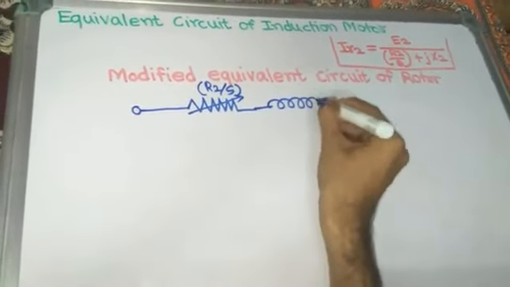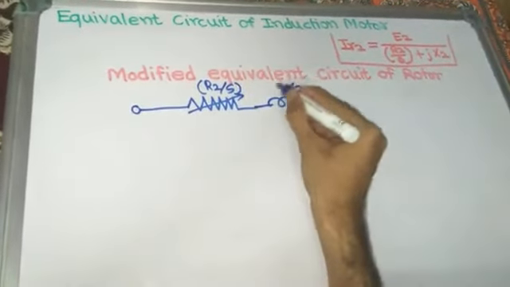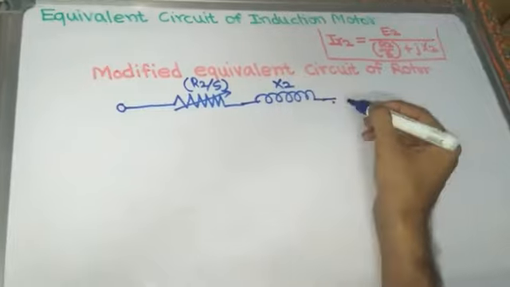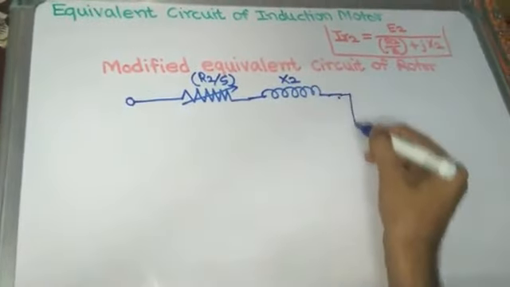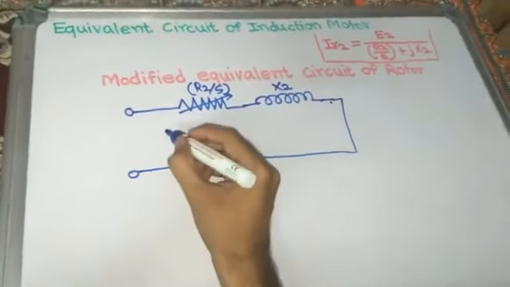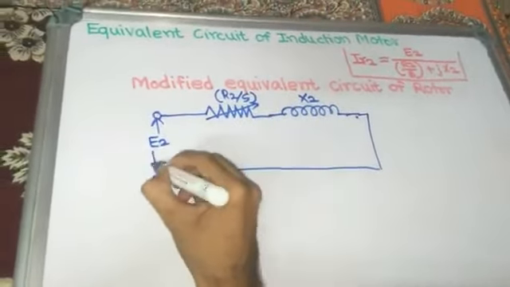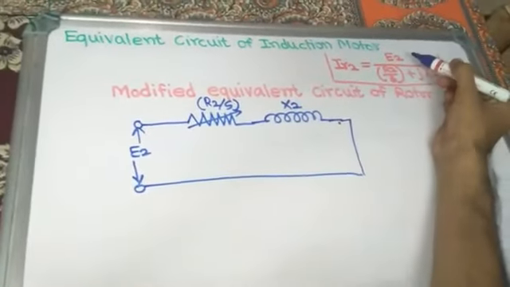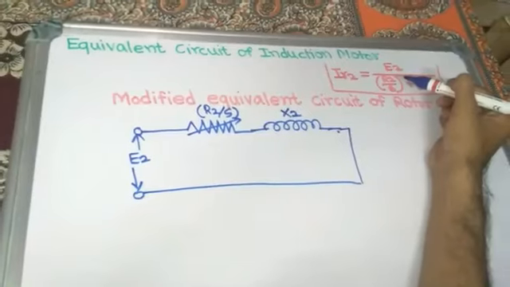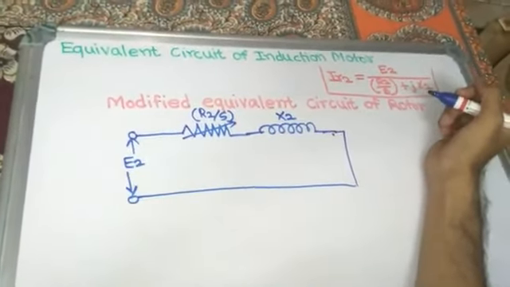And leakage reactance X2 is now not dependent on slip, so not S into X2 but only X2 comes, and this is the short circuit path. And here only rotor induced EMF E2 now, not ER2, because all things are not dependent on slip, only rotor resistance is dependent on slip. We make this arrangement only for our convenience.